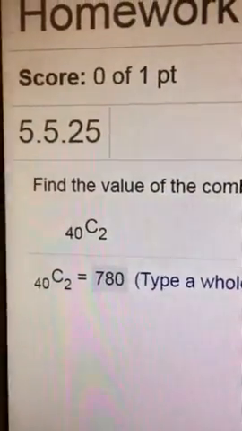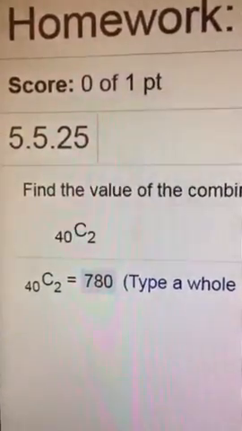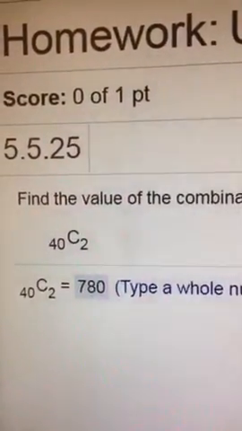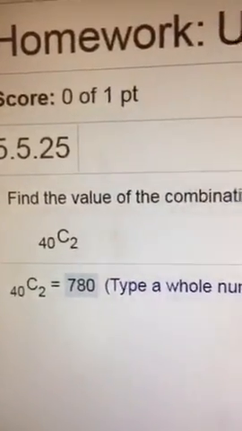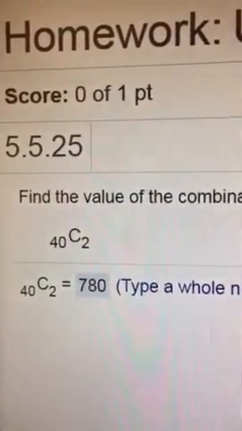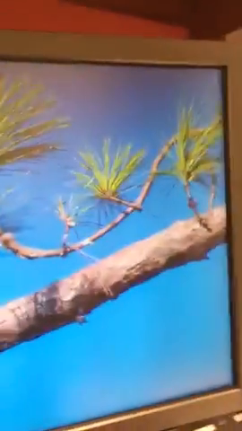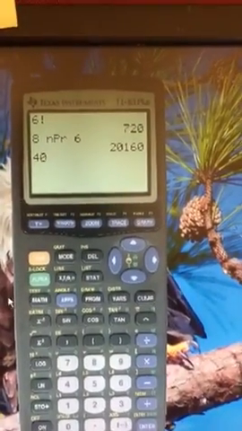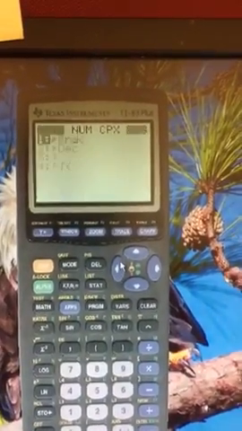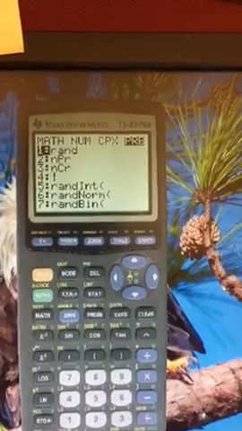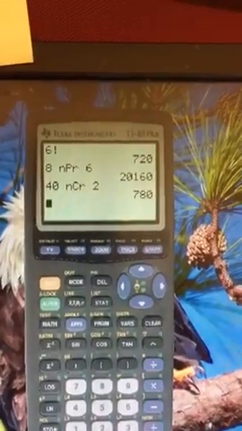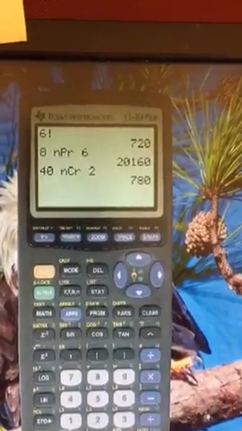You'll see that we do not have as many values as when we select these. So for 40C2, we're going to type in 40. We're going to push the math button, move over to probability, pick number 3, and then select 2 out of those 40. So our R is that. So we end up with 780.